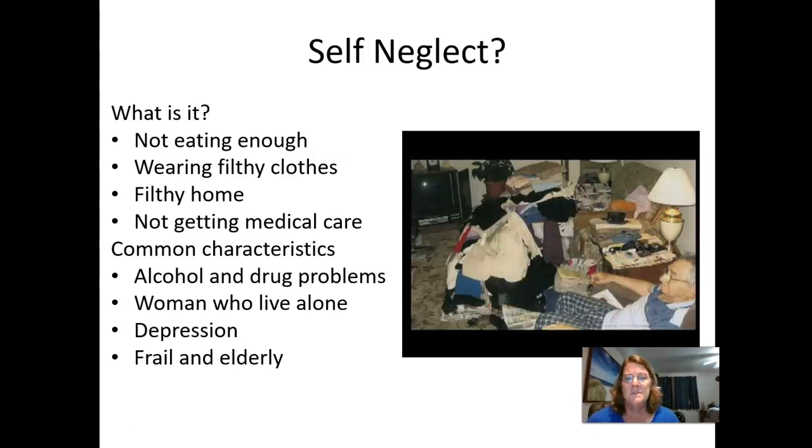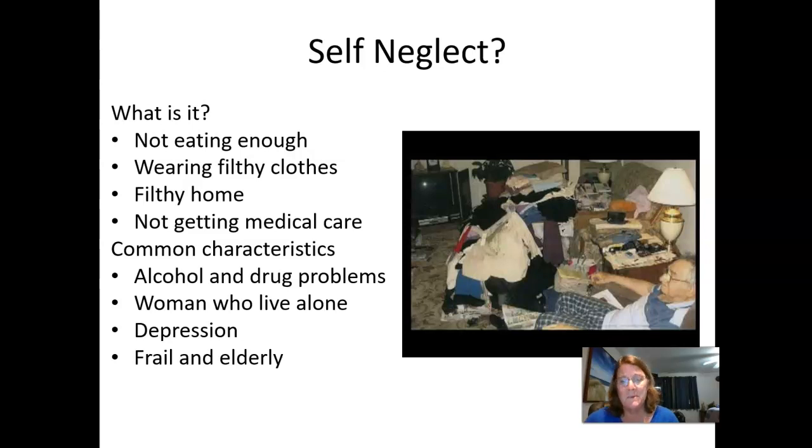A lot of times when self-neglect is happening, sometimes the police or there will be a call to Adult Protective Services to go check the welfare of an elderly person, and they find them living in filth or rats running around, not any food in the fridge, and the person's obviously not doing very well or very healthy because of it. And they'll try to get them to come in and get medical attention.